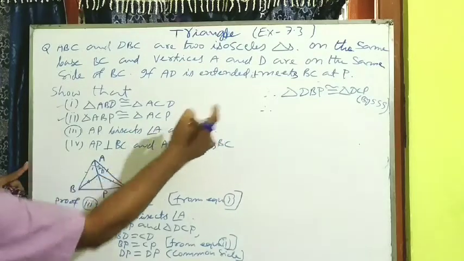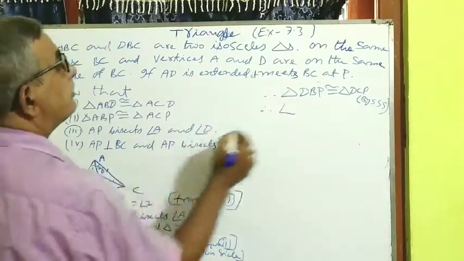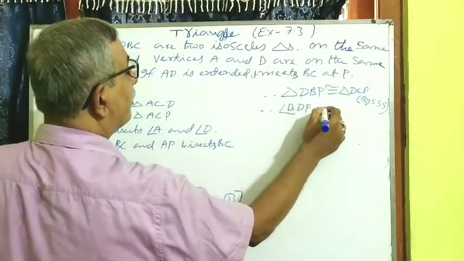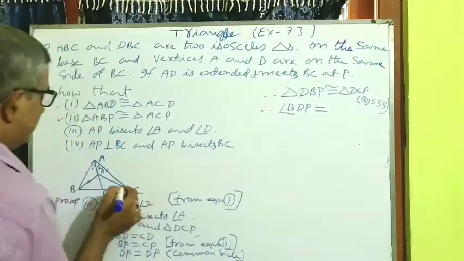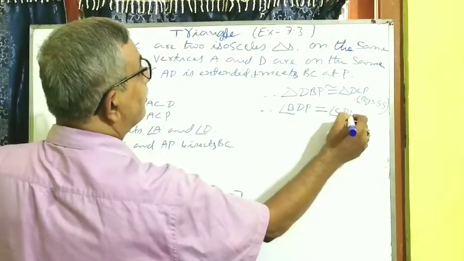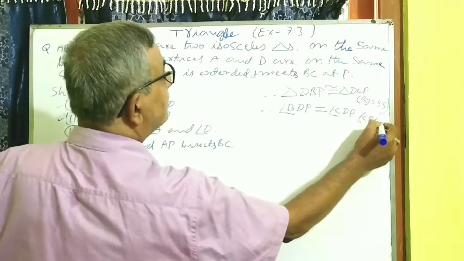Earlier I have proved that these two triangles are congruent. So angle BDP is equal to angle CDP. Why is it so? CPCT.